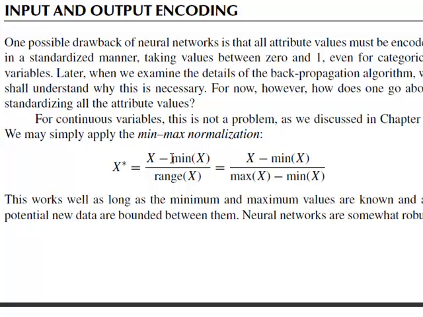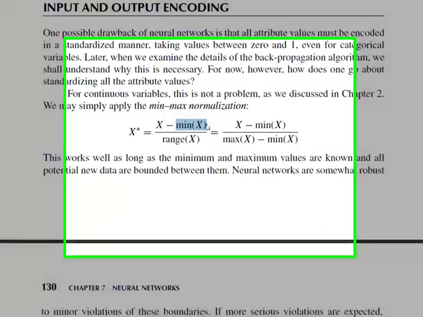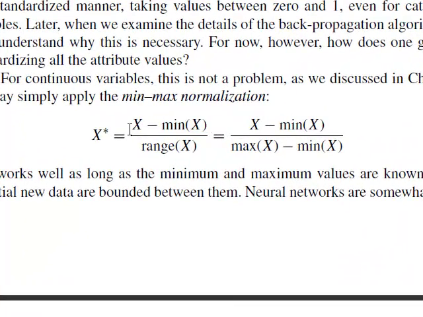And then you take the minimum value of x. Suppose that you have a bunch of people and they range in height from 150 to 200. So the minimum value would be 150. So you take 175 minus 150, right?